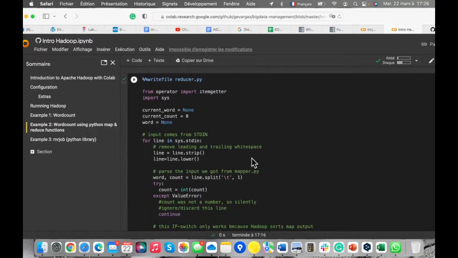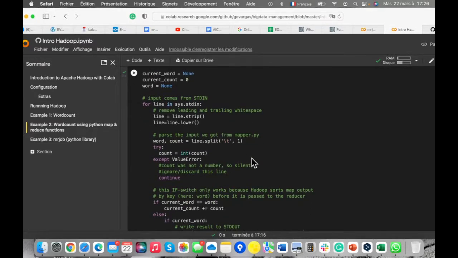And then the reducer function. What does the reducer function do?